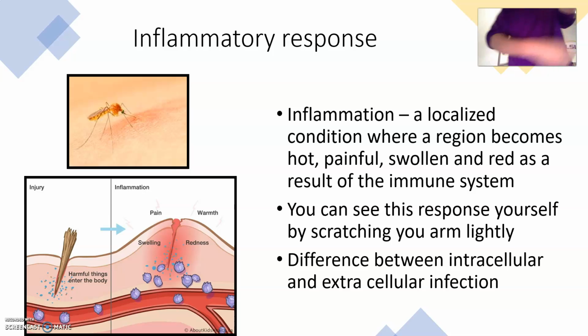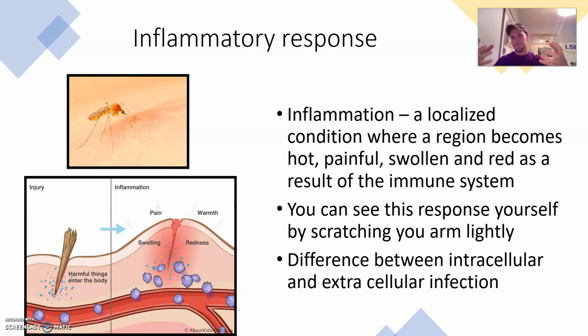We'll check on this periodically. You can see it turn white for starters, and then it eventually turns red all around it, and the little line you drew along your forearm becomes red, and that's all because of your inflammatory response.